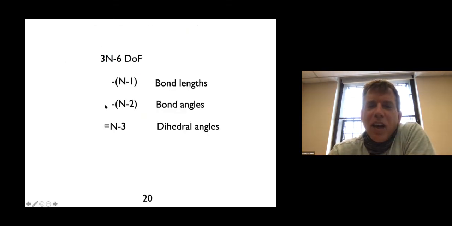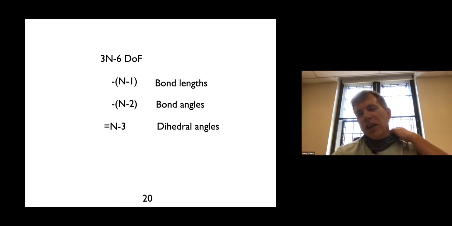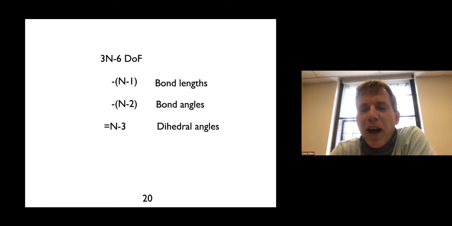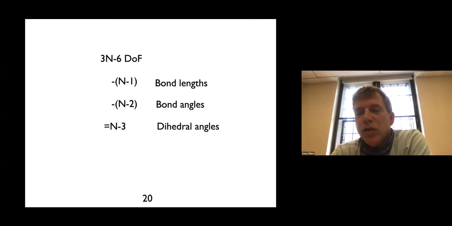I'll just quickly mention that there's a way to find out how many dihedral angles you have if you have a polymer with a certain number of atoms that are bonded together. So if you have n atoms that are bonded together, then you have n minus 3 dihedral angles.